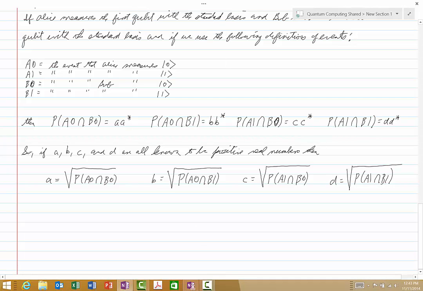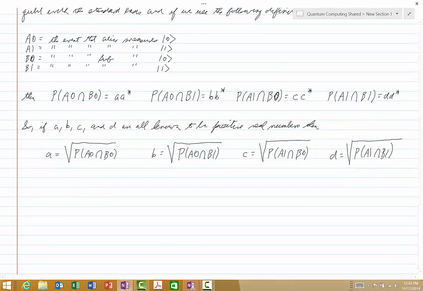Now, if we apply our formula that we learned above about conditional probabilities to each one of these cases, we will get A equals the square root of P of B0 given A0 times P of A0 here.